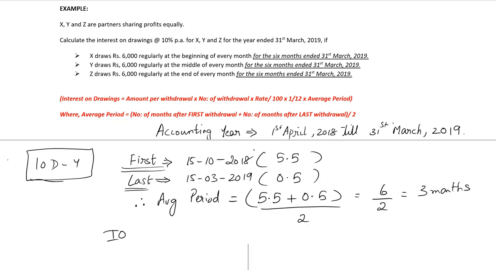Let's apply the formulae. 6,000 is per withdrawal, number of withdrawals 6, rate by 100 is 10 by 100 into 1 by 12 into 3.